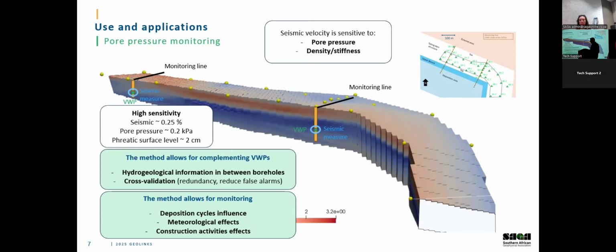And we have more instruments on the dam, and it allows us to cross-validate results from 2 independent measurements, gives us some redundancy in the equipment because equipment fails, and we can reduce false alarms with this layer of information. So we see the method allowing a monitoring of depositional cycles, the influence, so you can see whether you're doing it too fast or too slow.